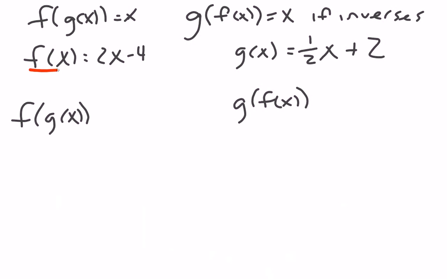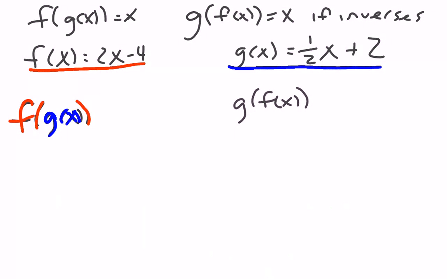And I'm going to say that f of x is red and g of x is blue. So in my first one, it's saying that I need to plug my blue function into my red function. So instead of writing an x, I'm going to write g of x.